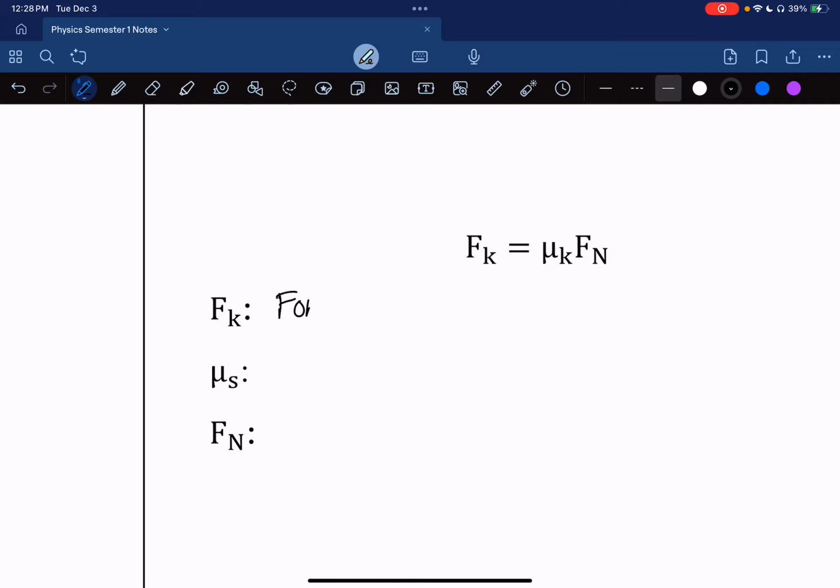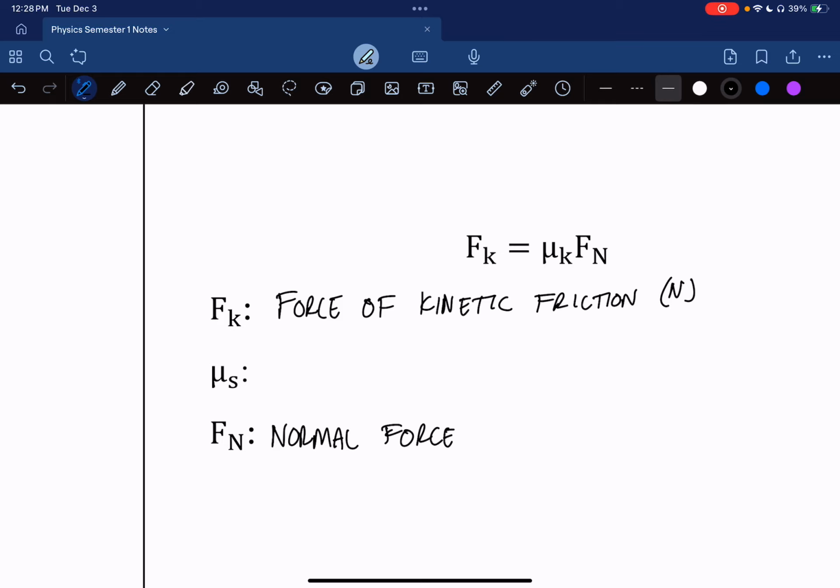So if we want to calculate the force of kinetic friction, that would be Fk equals mu sub k, it's a different number, times Fn, the normal force. And this is the coefficient of kinetic friction.